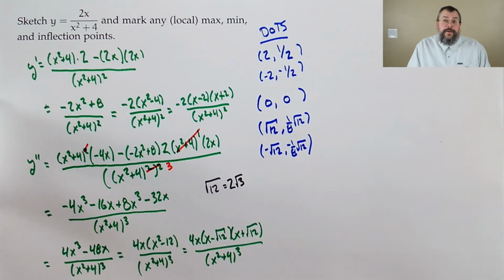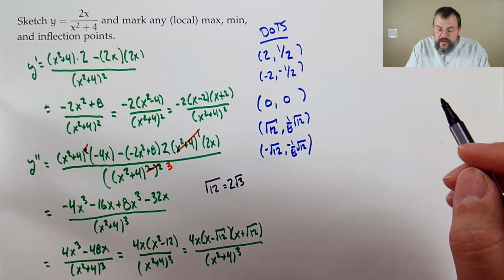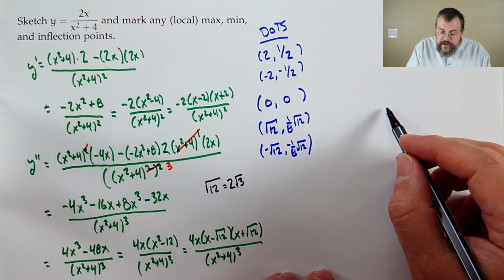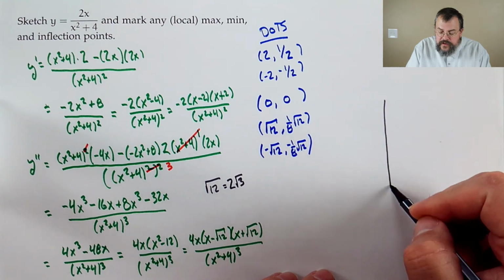And, of course, that only helps if you know what square root of 3 is. Well, it's about 1.7 something. So roughly speaking, 3.45-ish is the ballpark that we're going to shoot for. All right, 3.4, 3.5, somewhere near there. We don't need to be exactly right. We just are looking for a good rough representation. So let's draw ourselves a grid.